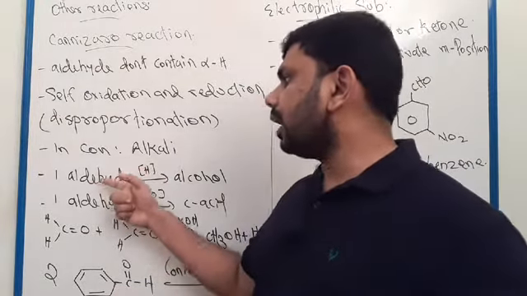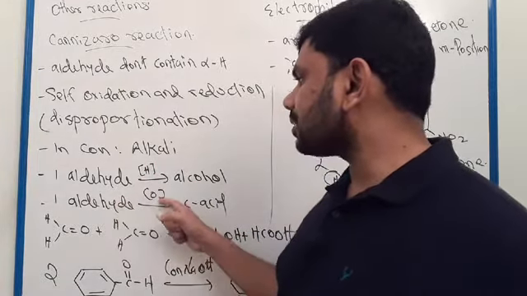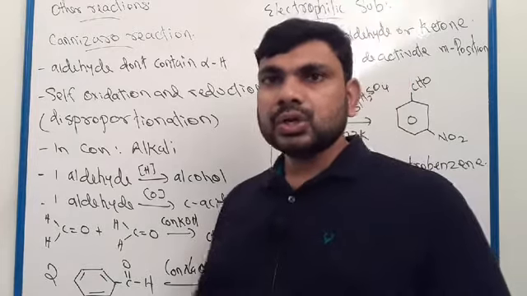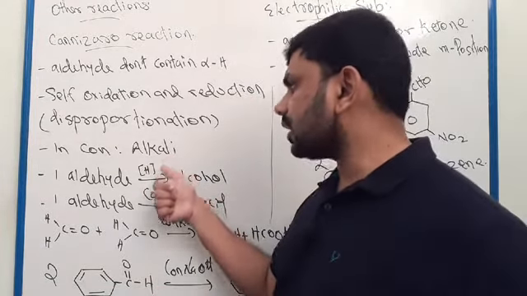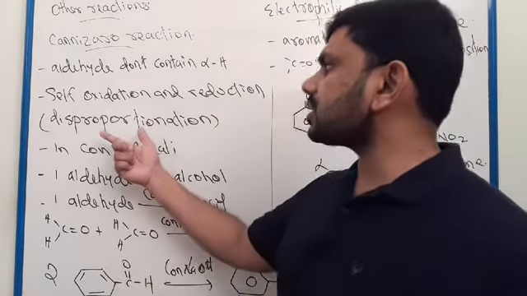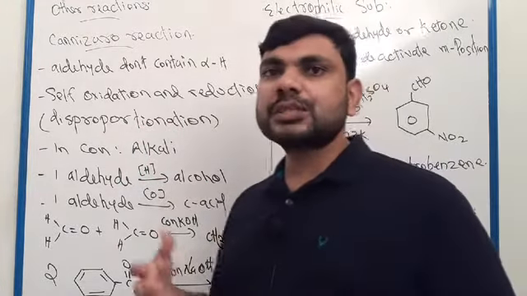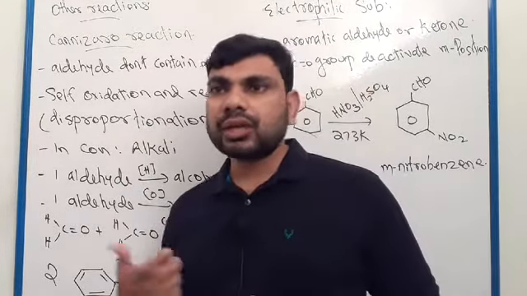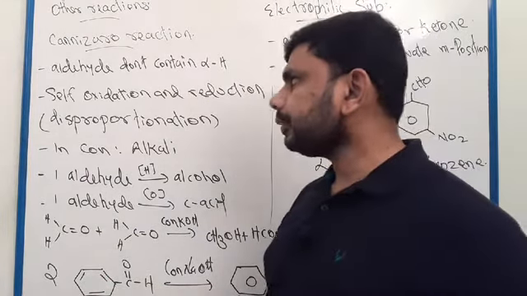One aldehyde undergoes reduction and another aldehyde undergoes oxidation. So in one chemical reaction both reduction and oxidation take place. Such types of chemical reactions are called disproportionation reactions. So here we are talking about the Cannizzaro reaction.